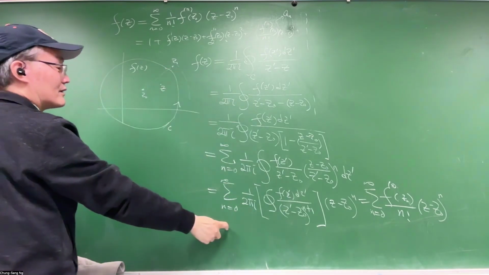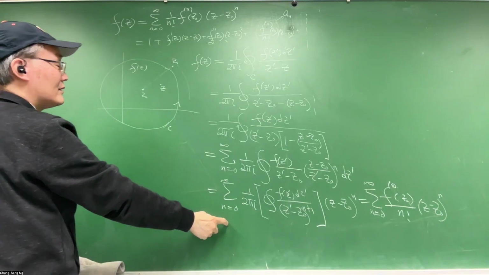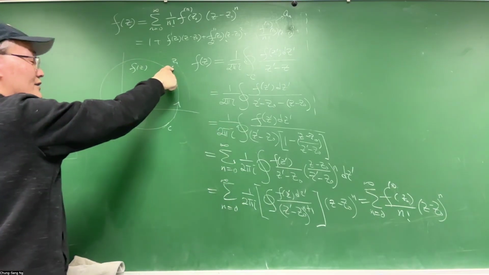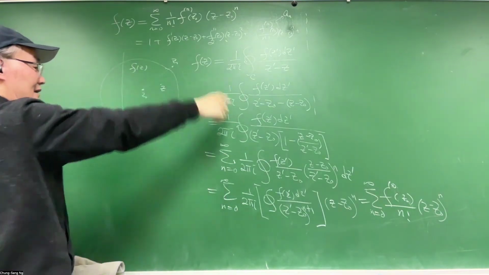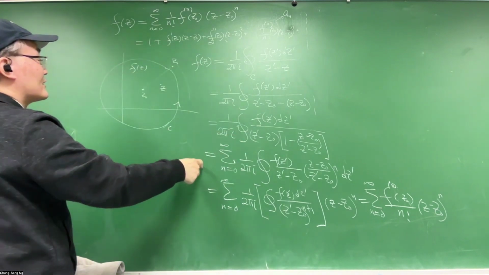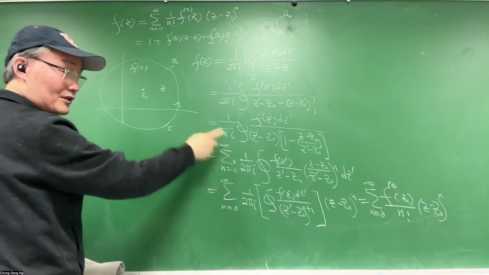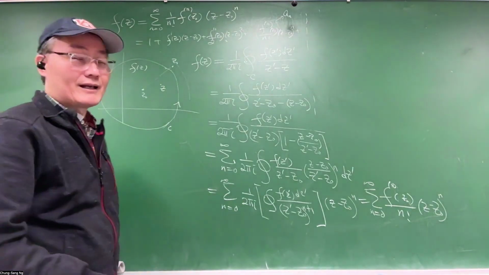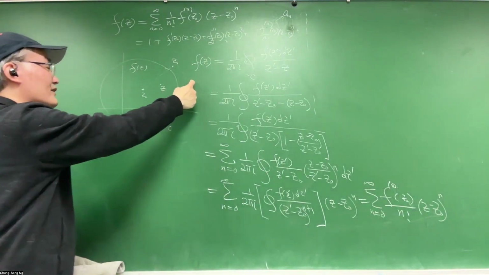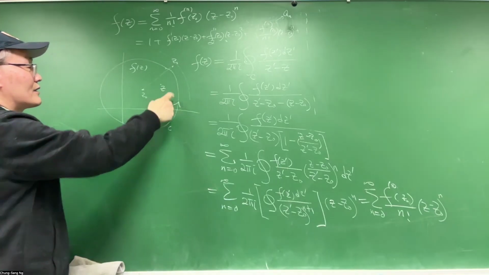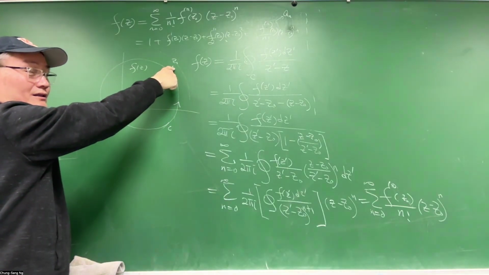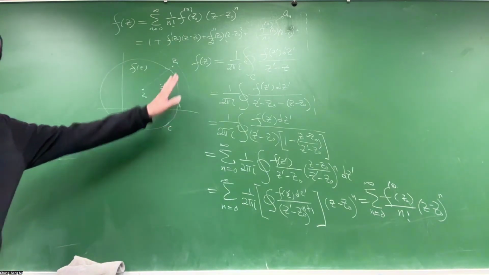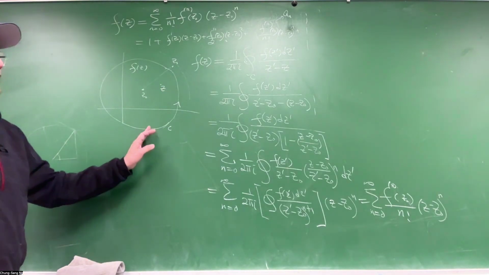If you do that, then obviously this will fail, because then z₁ is within this consideration, and we already used the fact that the function should be analytic inside. If this radius of C goes beyond this singularity, then you already violate part of the derivation. So you cannot do that.